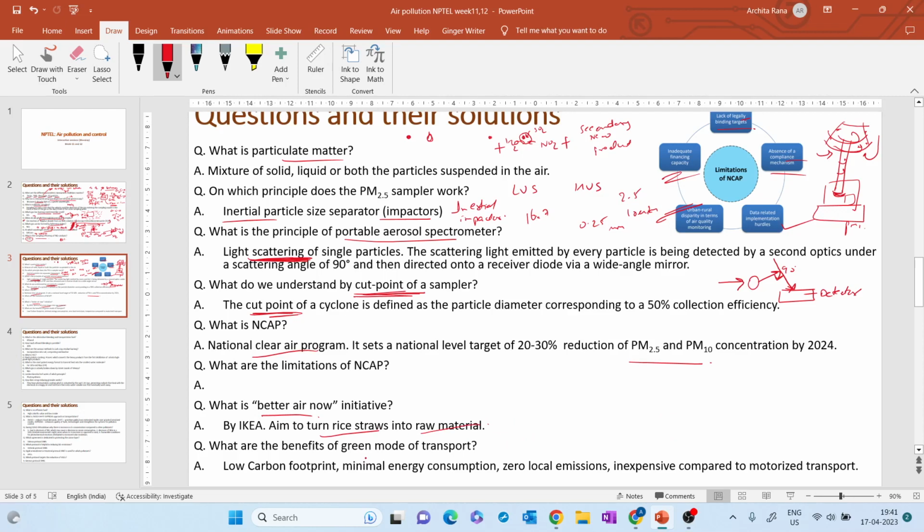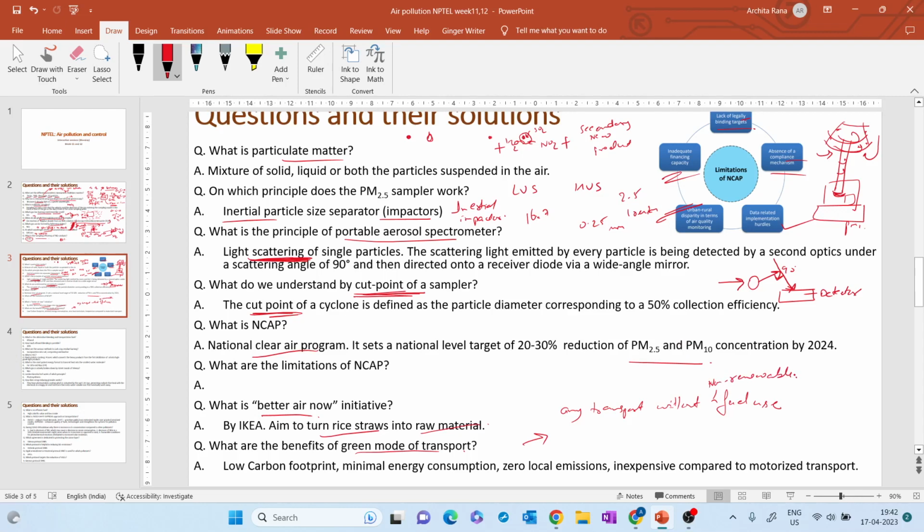Now, what are the benefits of green modes of transport? So what is a green mode of transport? It is nothing but using any transport without non-renewable fuel.